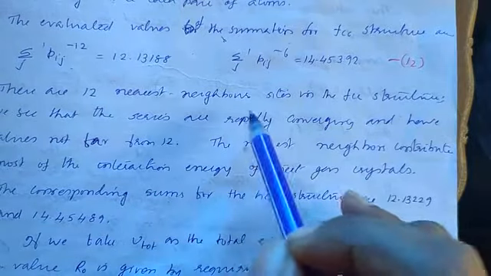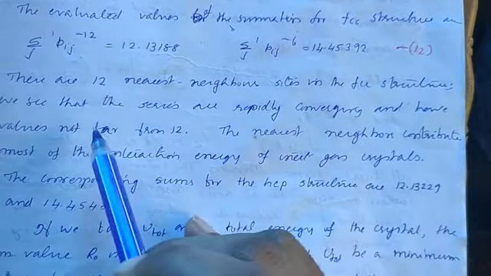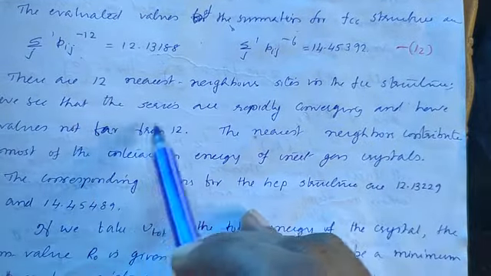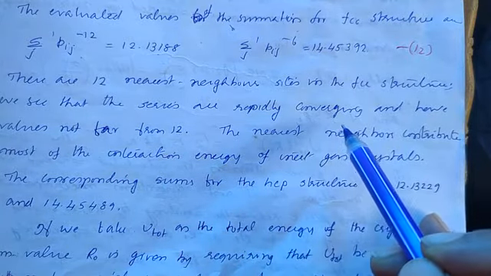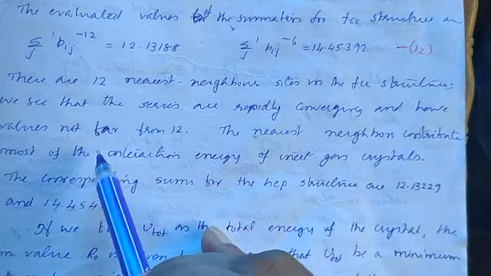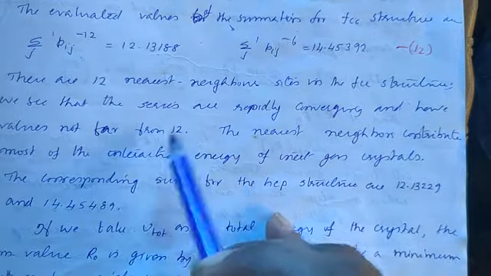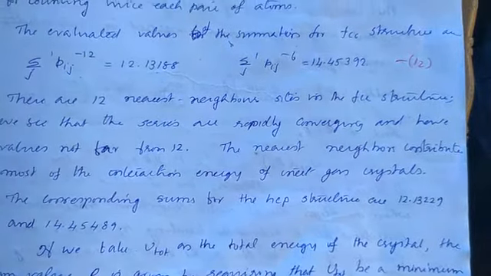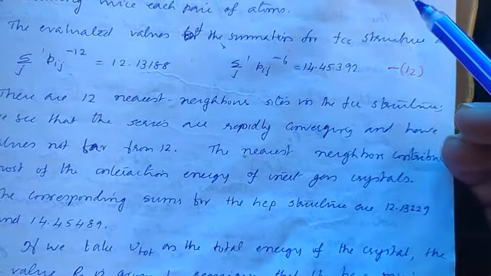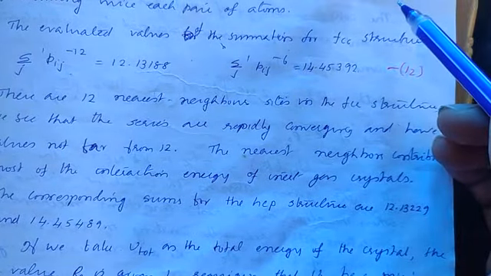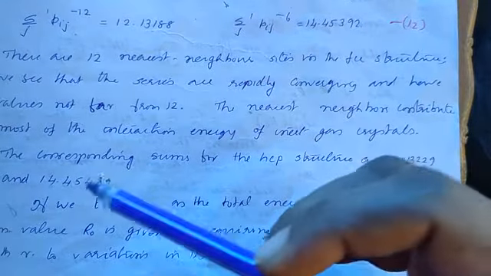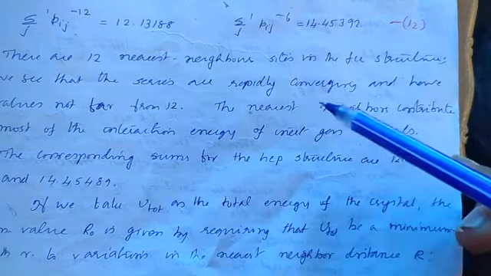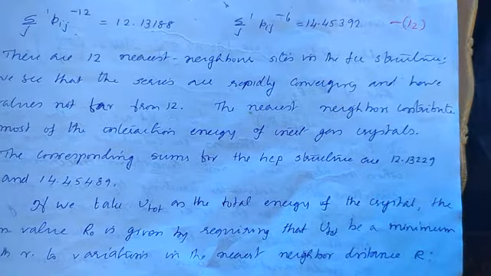There are 12 nearest neighbor sites in the FCC structure. We see that the series are rapidly converging and have values not far from 12. So the summation series converges quickly, and the nearest neighbors contribute most of the interaction energy of inert gas crystals.